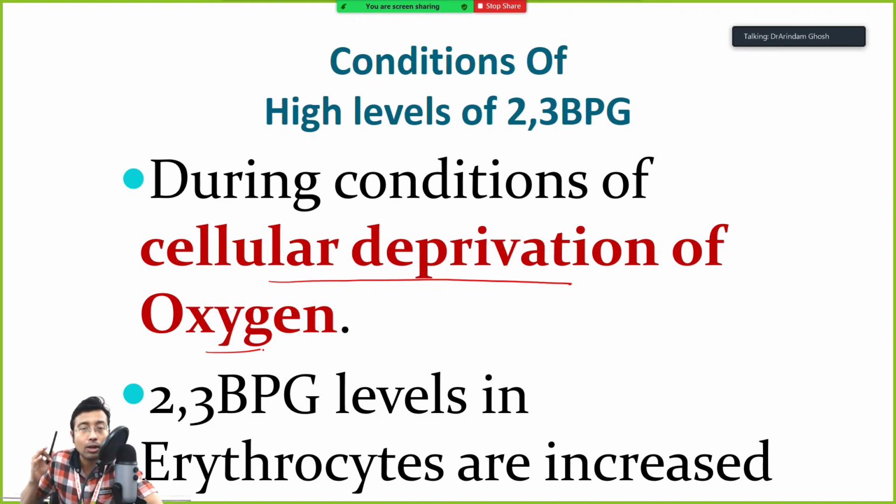So, glycolysis is the main source of energy, right? More and more glycolysis will lead to more and more production of 2,3-BPG. What will it do? It will tell oxyhemoglobin that fine, please give out all of your oxygen. So, the hypoxic condition, where the tissues are getting deprived of oxygen, will be taken care of.